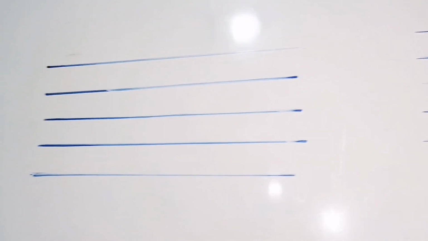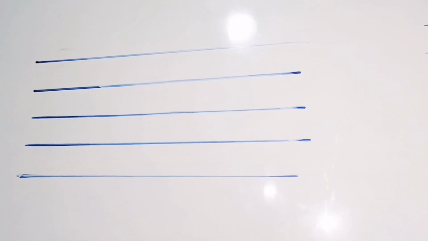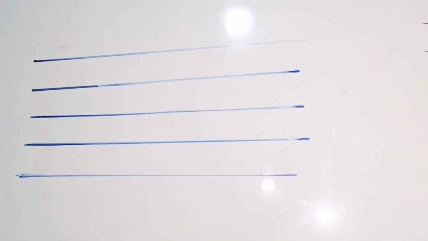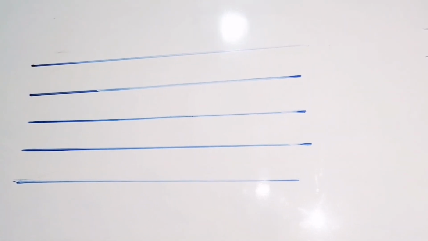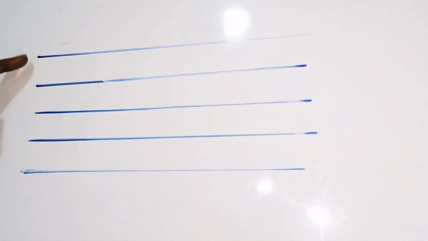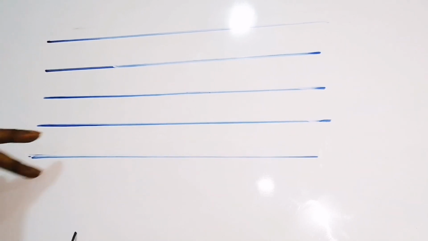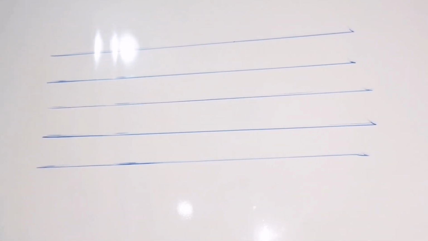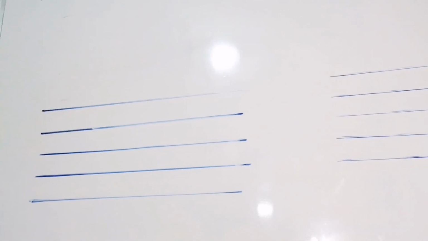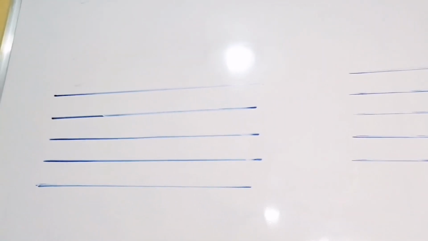I said that a stave or staff consists of 5 lines and 4 spaces. You can see here, you have the lines and you also have the spaces. And the lines and spaces are numbered upward from the lowest to the highest.